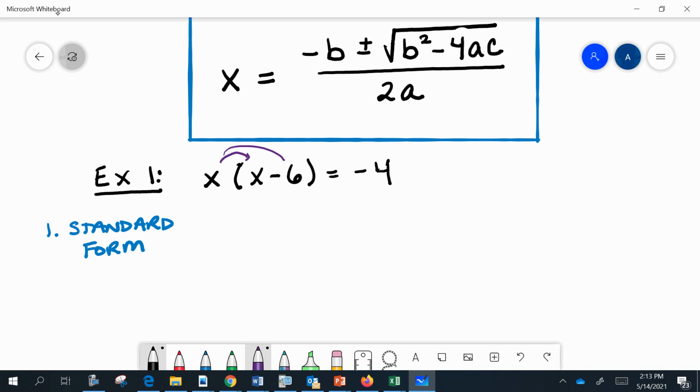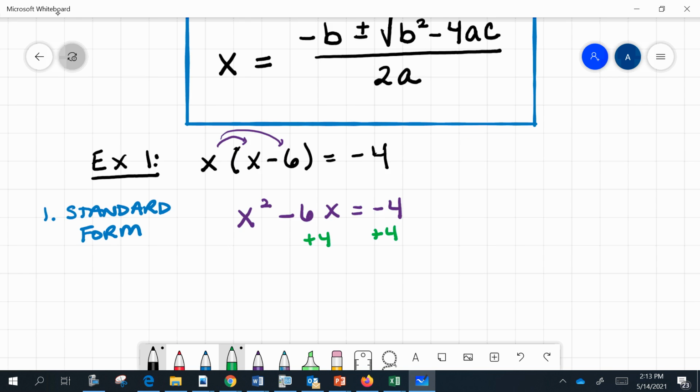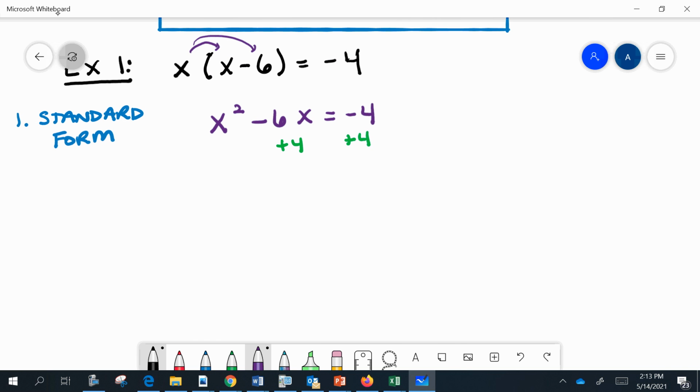I'm going to begin by distributing the x, and this is going to be x squared minus 6x equals negative 4. And then I need to add the 4 to both sides, and this is the resulting equation. It's going to be x squared minus 6x plus 4 is equal to 0.